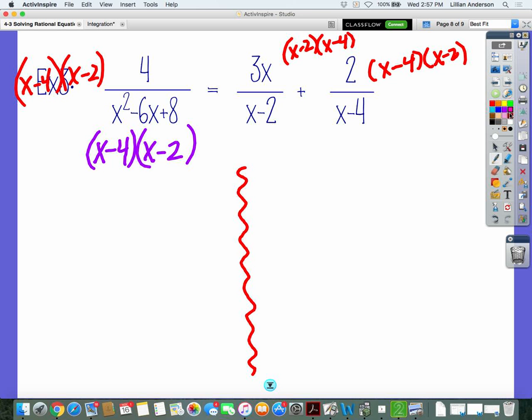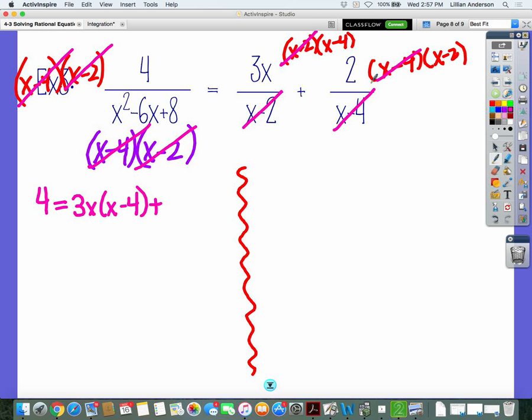Now, the x minus 4 and the x minus 2 for this fraction cancel out, so I'm just left with a 4. No more denominator. The x minus 2 cancels out, but I still have that x minus 4 there.